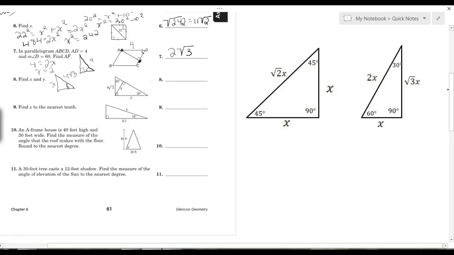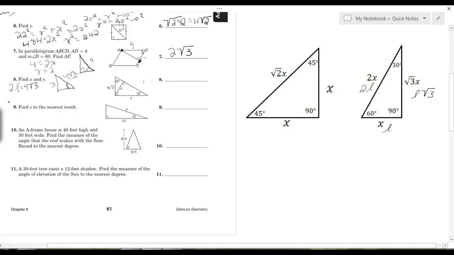So I'm just going to call this 2 times L. That's what I'm going to rename this side. 2 times L. And then this side will be L, and this side will be L times the square root of 3. So now if I go back over here, I've got 4 times the square root of 3 is equal to 2L. So I put that in here, 4 times the square root of 3.